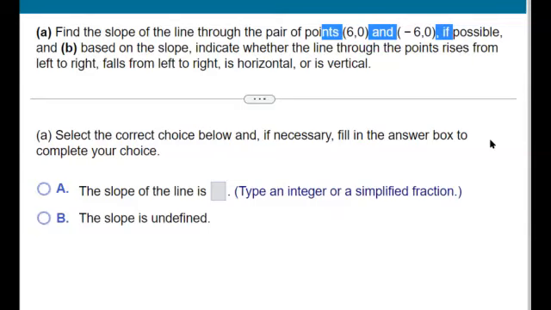Go ahead and make a sketch. Plot these 2 points.